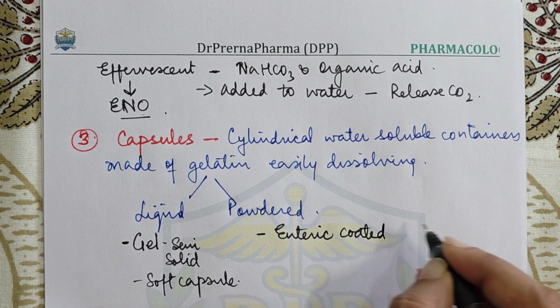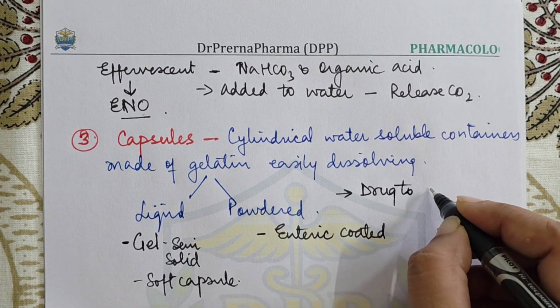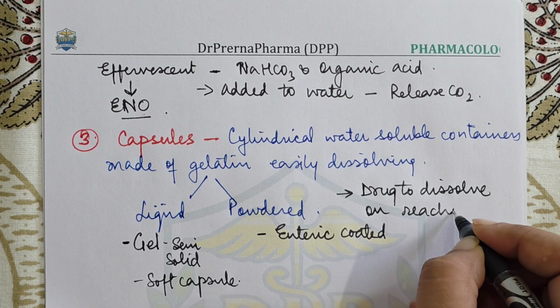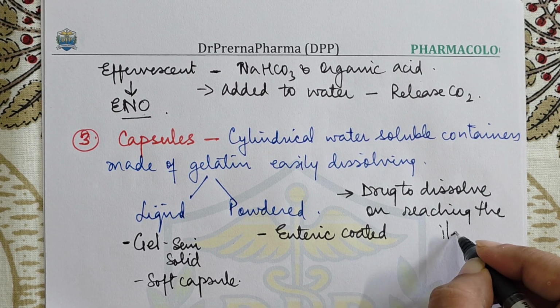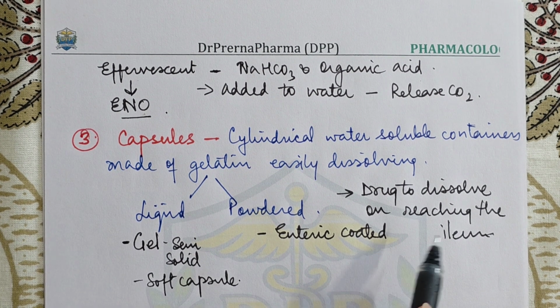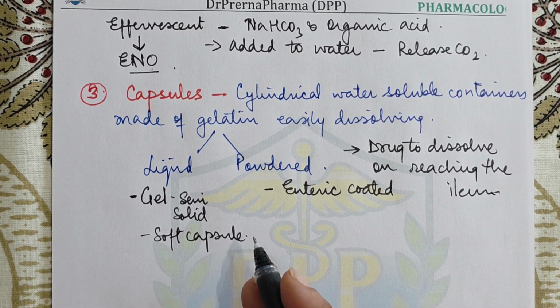Why are we using a capsule? Because we want the drug to dissolve on reaching the ileum, right? So when we want the drug to reach the ileum, that is why we are putting it inside a shell, and we don't want it to be dissolved in the stomach by the acid. So these are the different types of capsules we have.